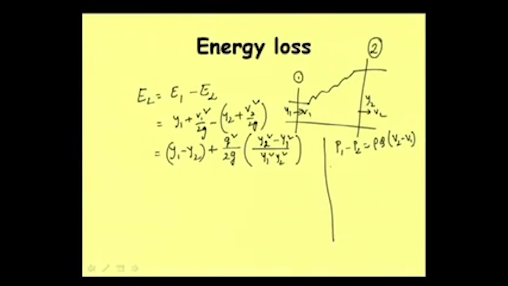Considering this as rectangular, we can write half of rho g h1² minus half of rho g h2², and this is equal to rho q. As we are talking about unit width, we neglect b because the channel is prismatic, so we can write q directly.